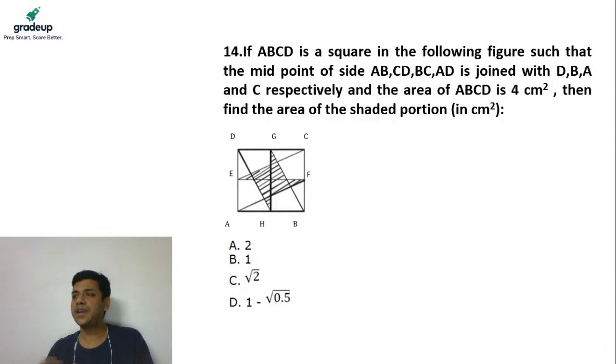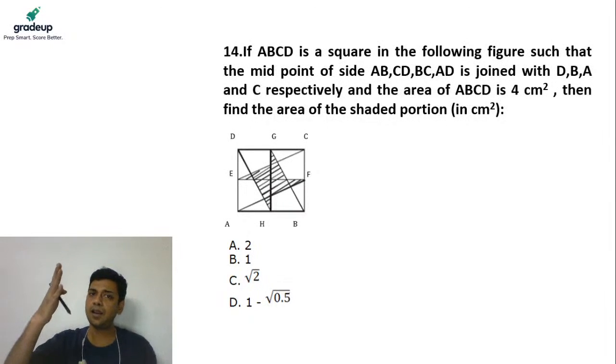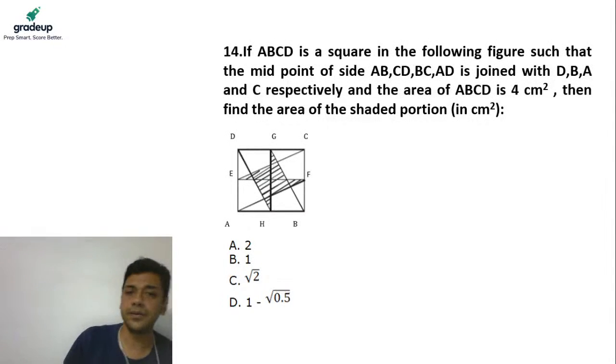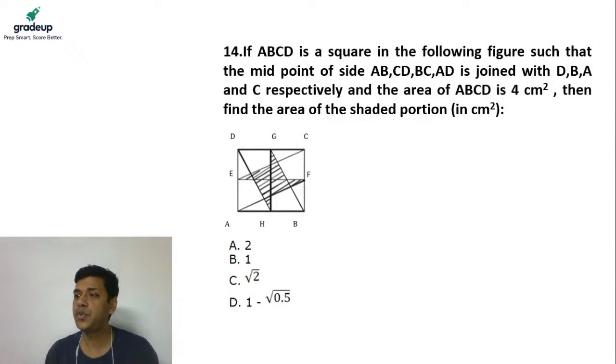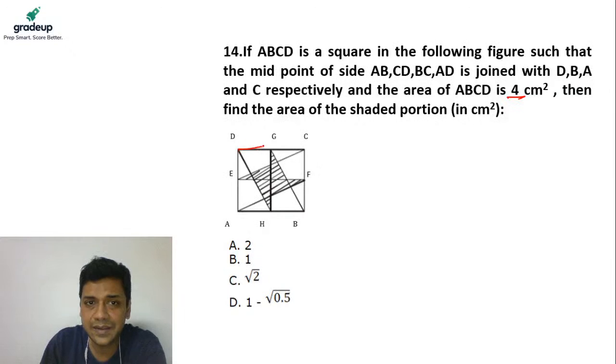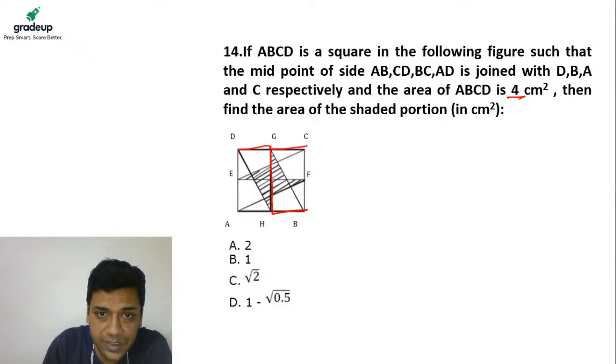If there is a square, and I divide it by joining the midpoints of two opposite sides, can I say my area will get divided into two equal parts? So if the area of this complete square is 4 centimeters, can I say CGHB, this rectangle, would be how much?